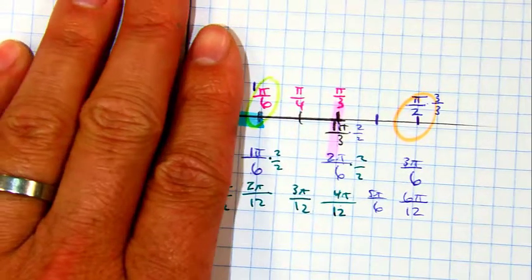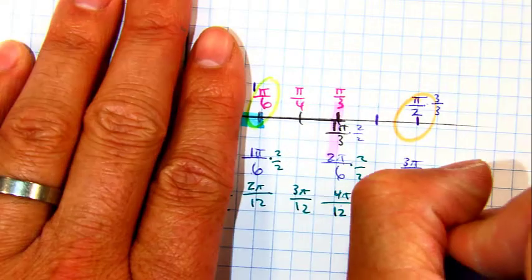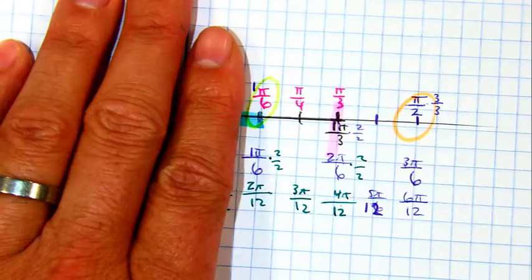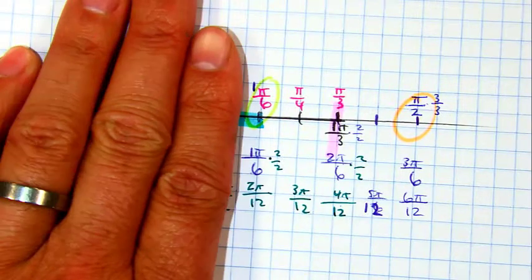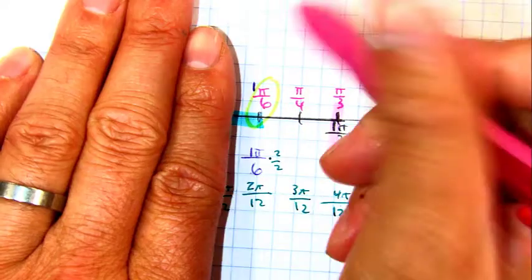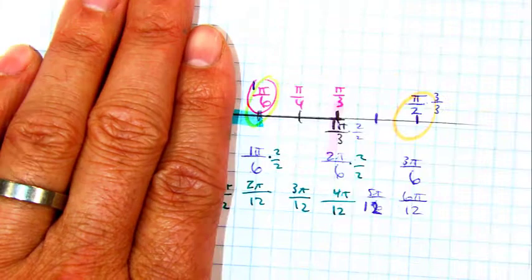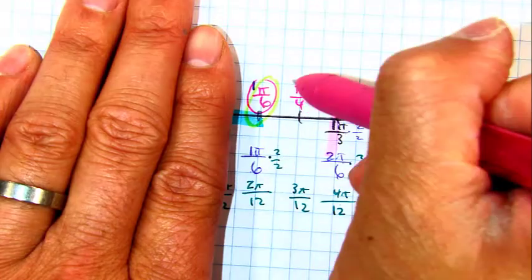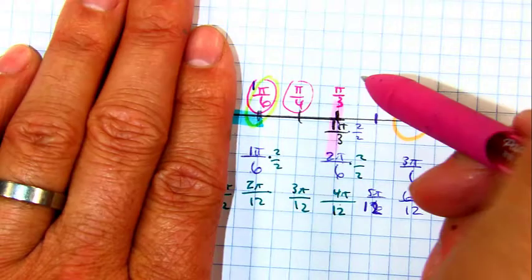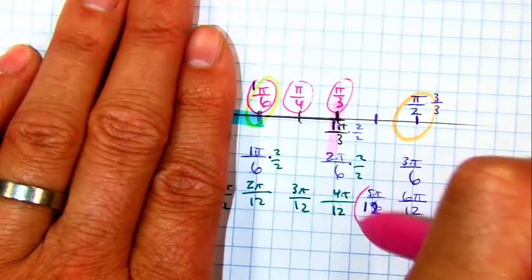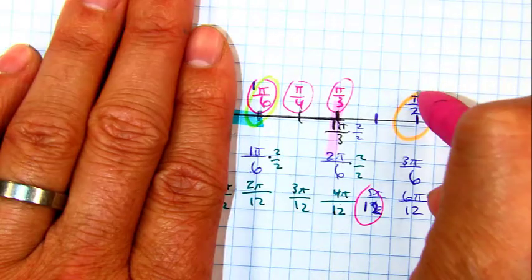Over 12. And let's go ahead and circle the reduced ones. So pi over 6, pi over 4, pi over 3, pi over 12, and pi over 2.